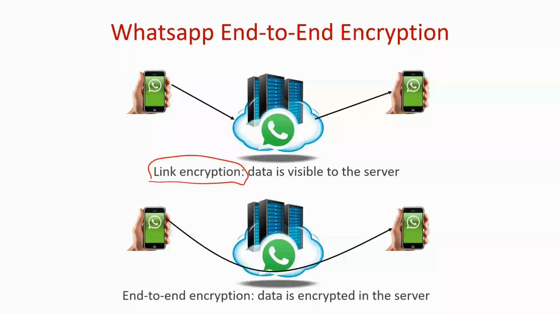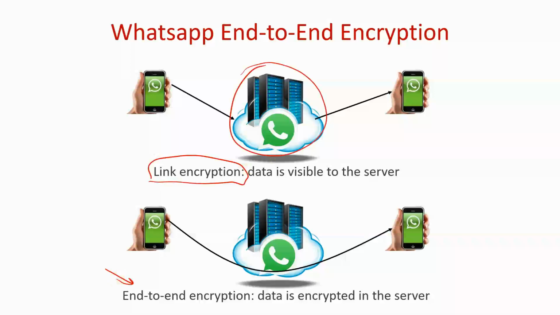But the problem was your privacy was vulnerable at the WhatsApp servers themselves, because they have to decrypt the message in order to forward it to the destination. Then your privacy is not assured at the WhatsApp servers. Because they wanted to address that, they proposed end-to-end encryption, meaning that you still send the message to the server, but the server doesn't decrypt.